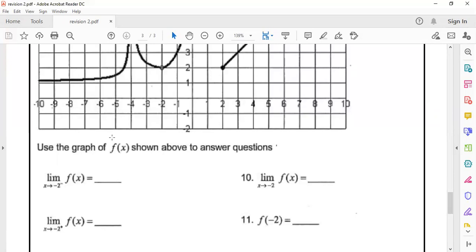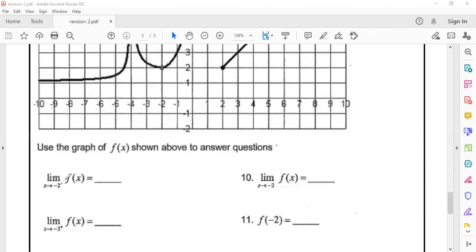Here, as you see, I ask you what? Focus with me, please. Very, very important question. Use the graph of f of x shown below to answer the questions.